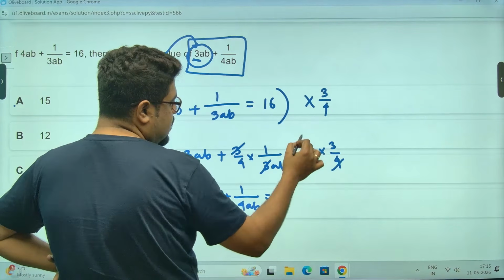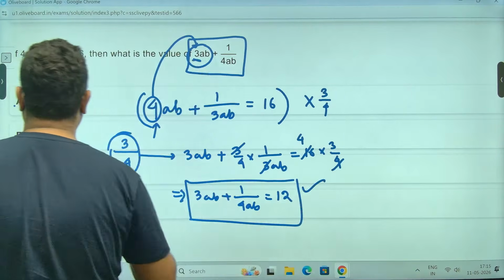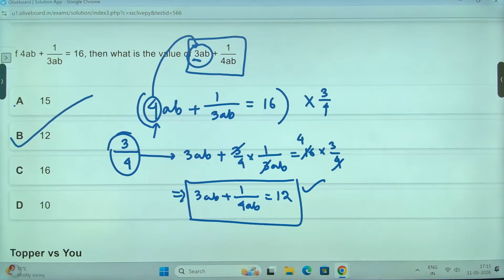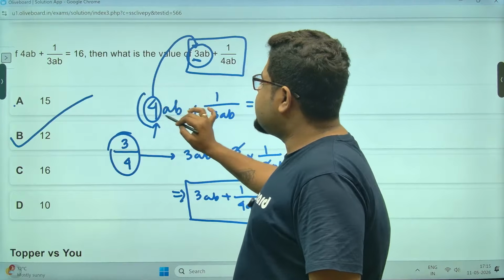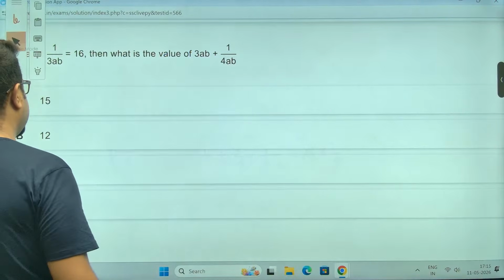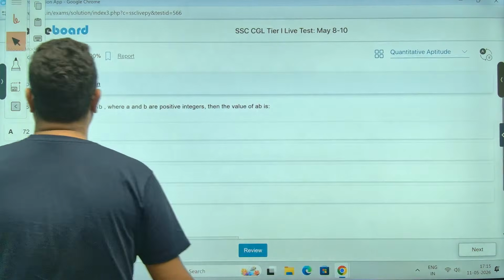This is equal to 12, option number B. Yes, Shubha, absolutely correct, brother. So again, always just look for one of the terms. The second term will always get balanced automatically. You don't need to think about those. Done, sir. Next one, please.